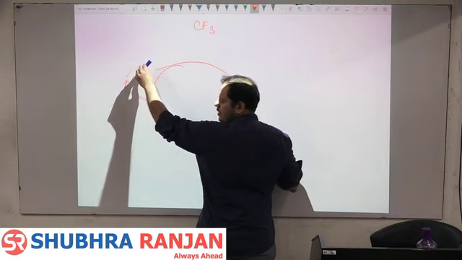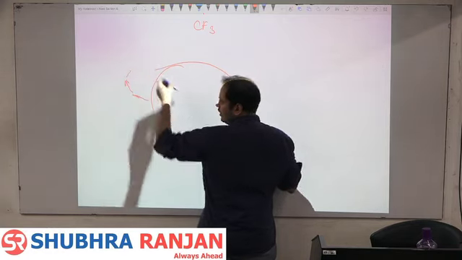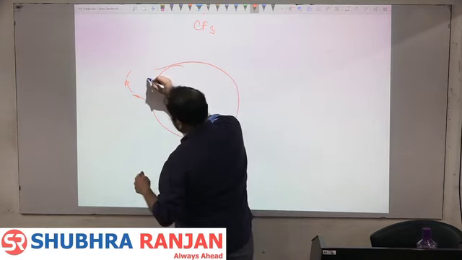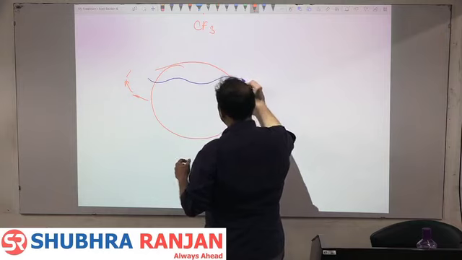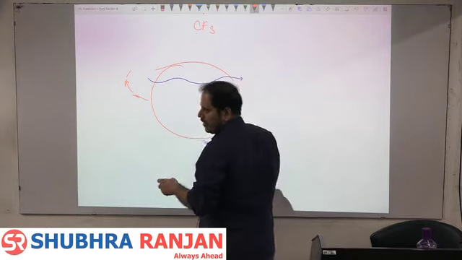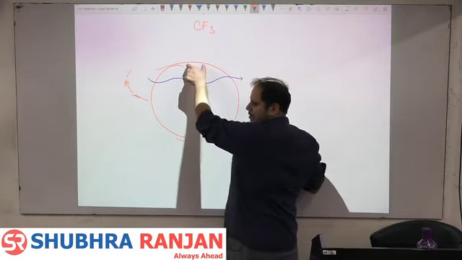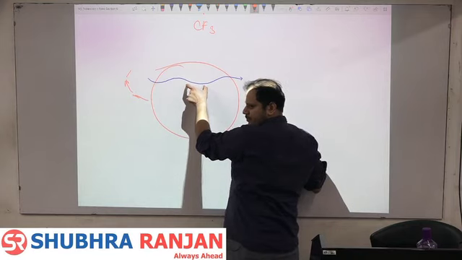Ultimately the Coriolis force and the pressure gradient force will be so large that the wind will start getting deflected to the extreme right, and therefore we will have a jet stream which will be flowing. You can name it polar jet stream, or you can name it subtropical westerly jet stream.